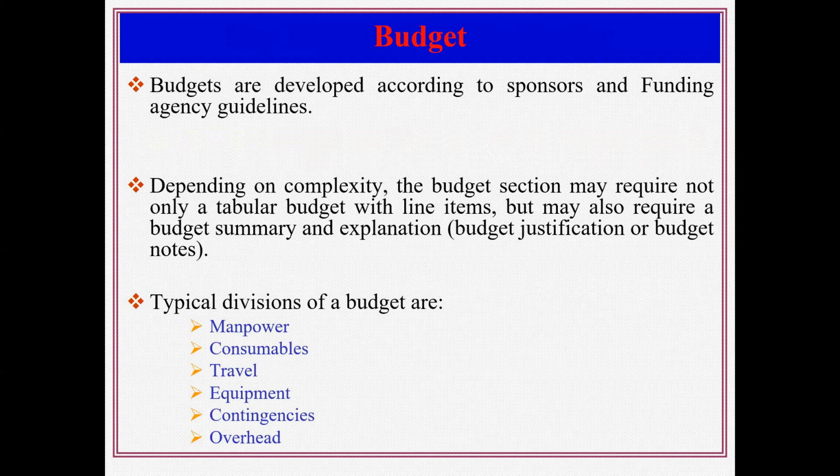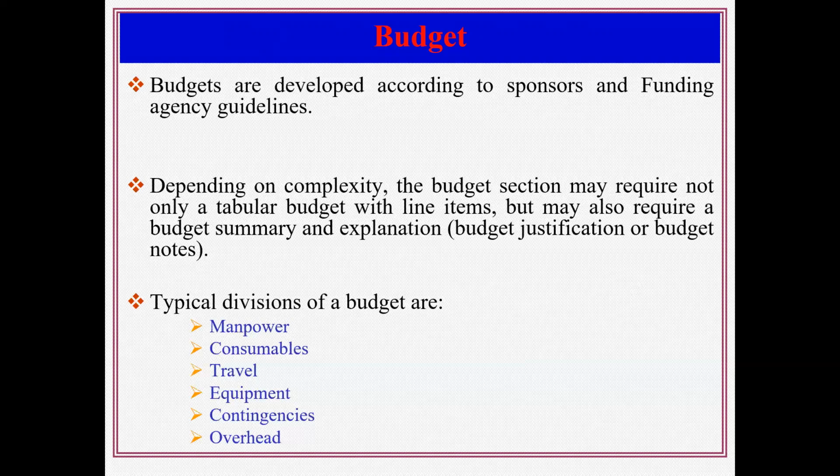And budget allocation. Budgets are developed according to sponsors' and funding agencies' guidelines. Depending on complexity, the budget section may require not only a tabular budget with line items, but also a budget summary and explanation, like budget specification, budget justification, or budget notes.